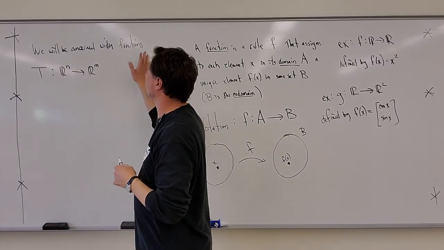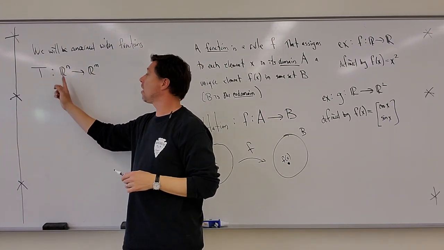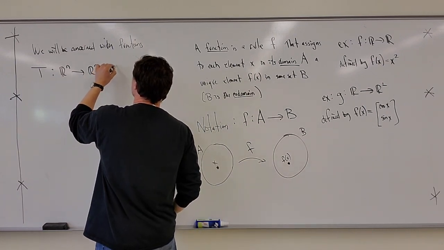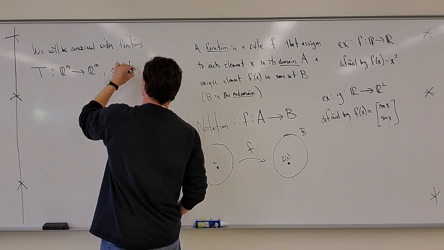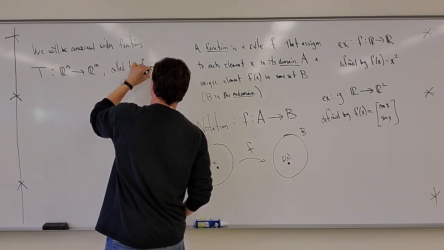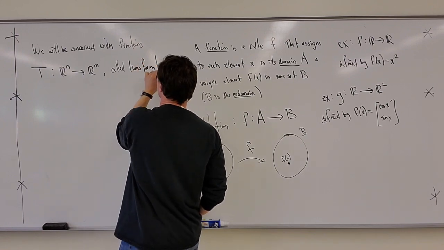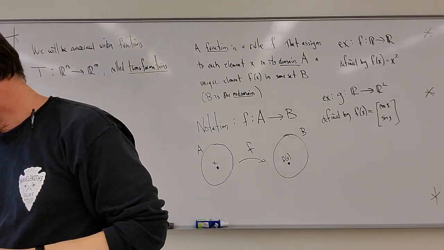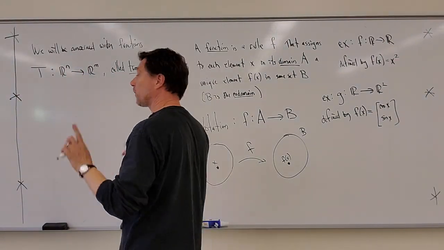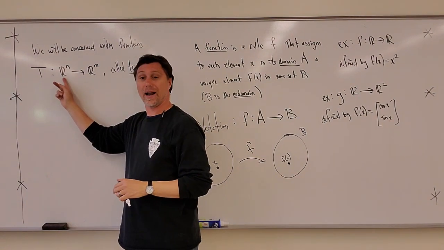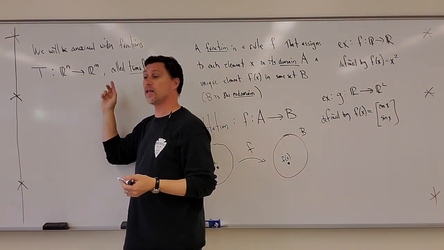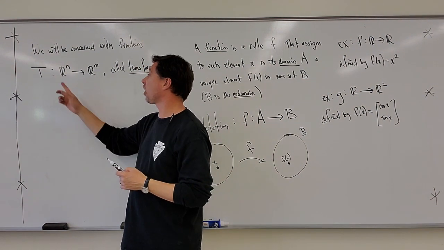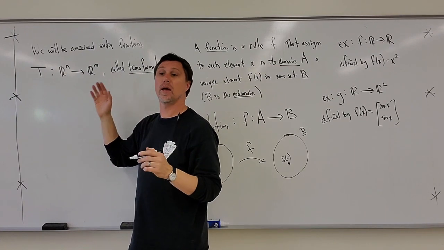So we're going to be concerned with functions of the form capital T from Rn to Rm, and these are called transformations. A transformation is a function whose domain is Rn for some choice of n, and whose codomain is Rm for some choice of m. So when the domain and the codomain are sets of column vectors, that function is called a transformation.